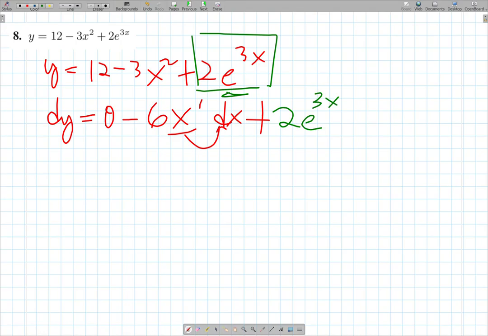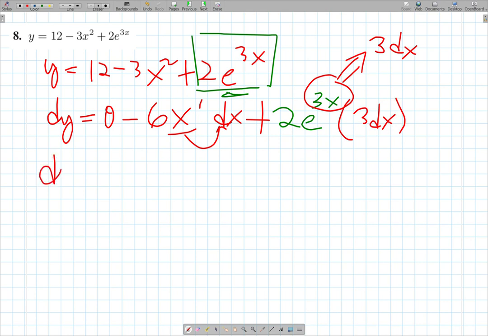After that, you have to derive the exponent of e. The derivative of 3x is 3dx, so multiply by 3dx.